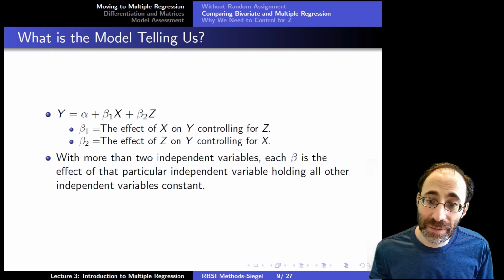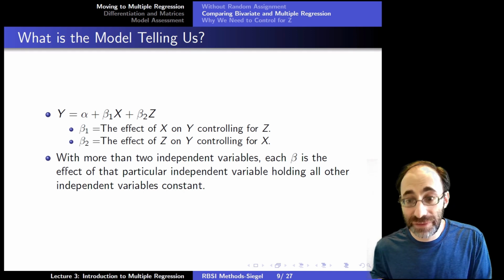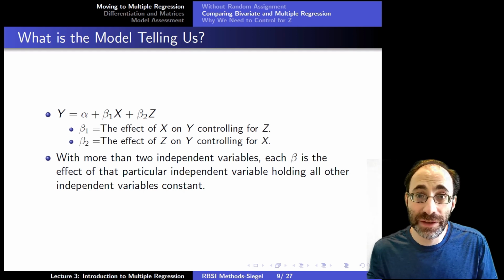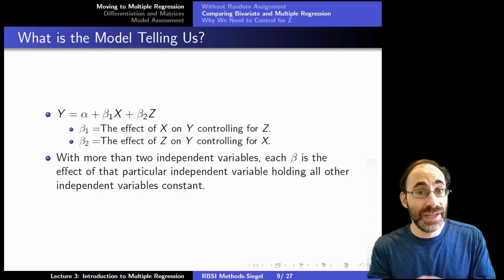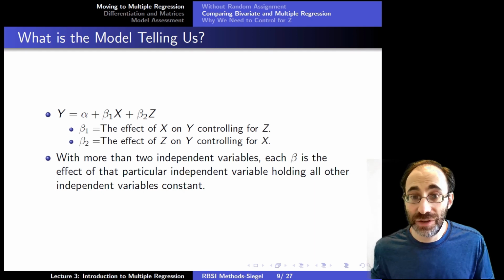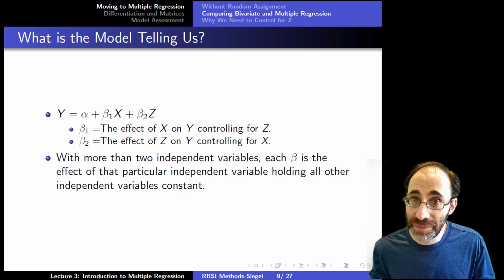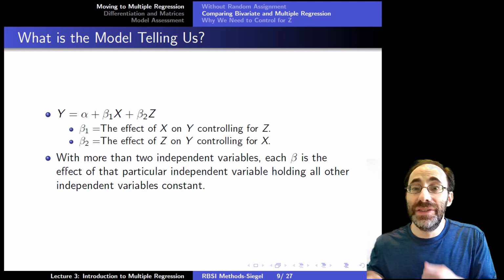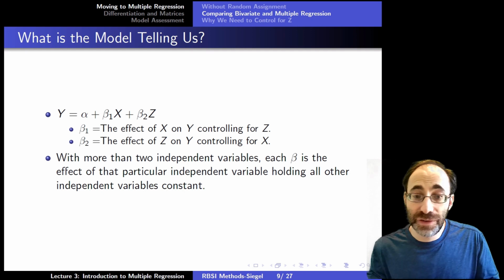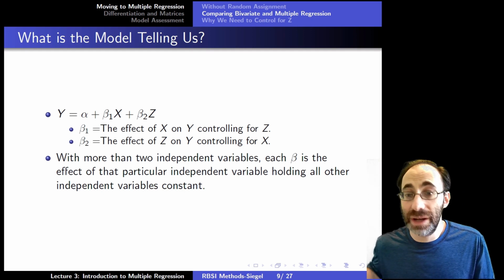If you have more than two independent variables, each of the betas is the effect of that particular independent variable holding all the other independent variables that you included constant. It doesn't hold constant independent variables that you didn't include explicitly. If you missed a variable, you still have the same problems you had before. But if you measure and include the variable in your multiple regression, then the estimate for your earlier betas will be holding the other variables you included constant.